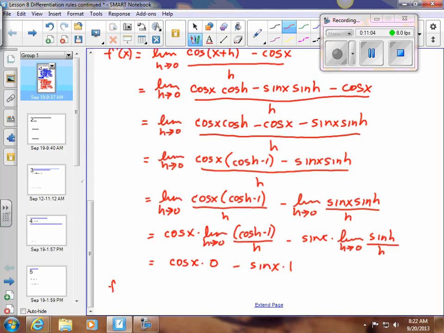So that tells us that the derivative of the cosine function is negative sine of x. You will need to know that.